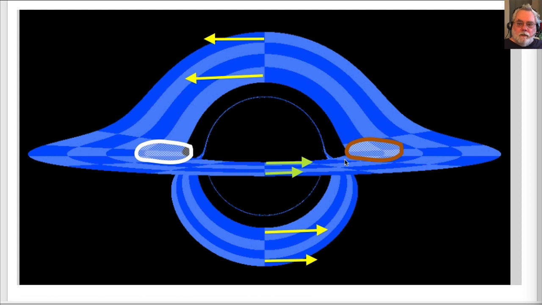Accretion disk material within the brown bubble that I've drawn is moving directly away from us, and light from there will appear dimmer and Doppler red shifted. However, if the accretion disk temperature is millions or billions of Kelvin, I believe that a human observer would see it as bright blue-white in the visible spectrum, regardless of Doppler shift.